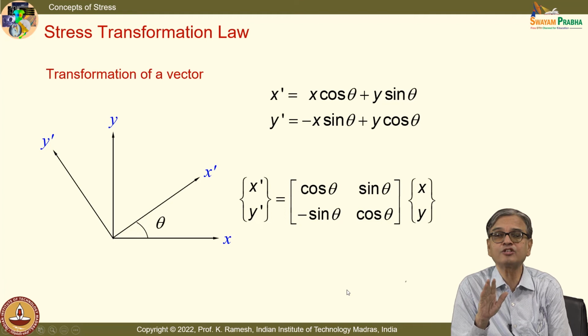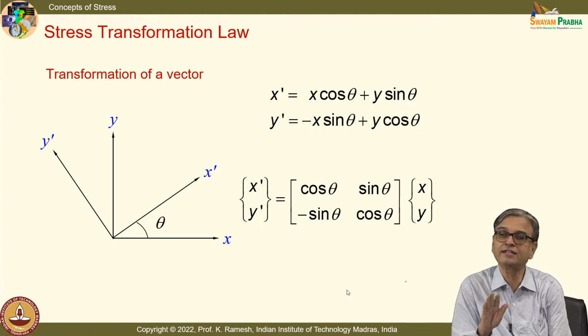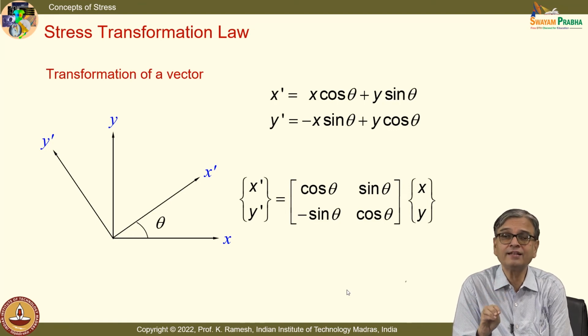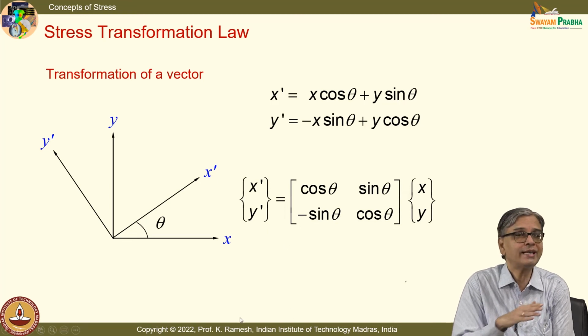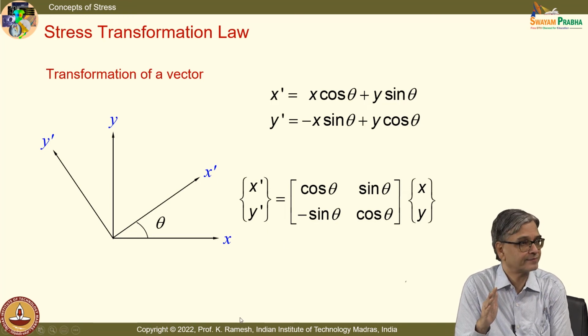This matrix is known as a rotation matrix: cos theta, sin theta, minus sin theta, cos theta. You should know how to write this, not by memory, but by making a sketch like this and quickly finding out where you will put the minus. The confusion comes whether it is minus sin theta or plus sin theta. So if you know how to write it, you can easily transform a vector.